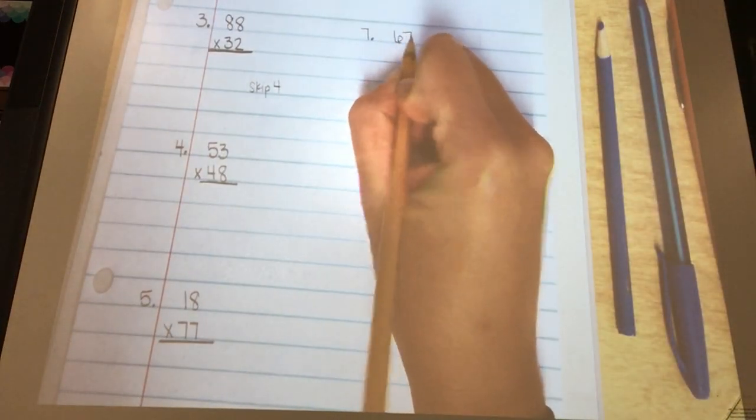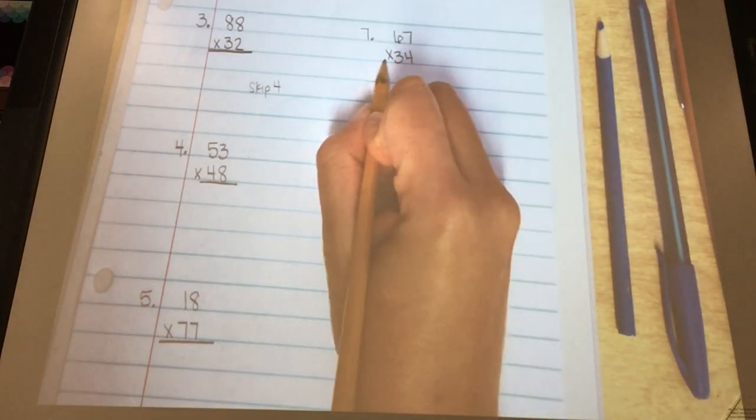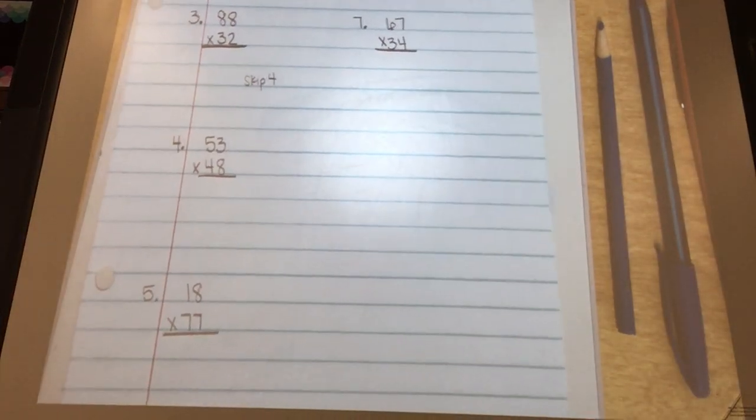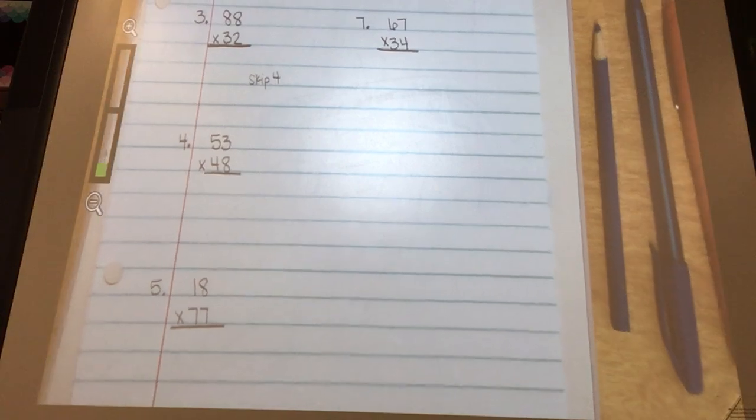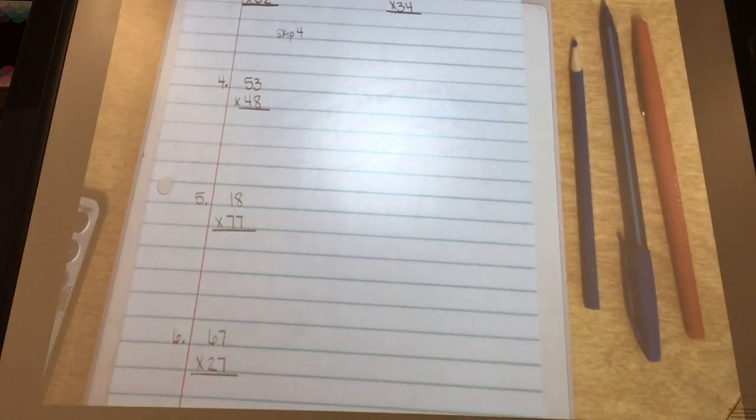She skips 1, 2, 3, 4 because your answer takes up 1, 2, 3. And my 7, 67 times 34. Skip at least 4. Again, I got these numbers off of your assignment. But all you have to do is 3 through 7.